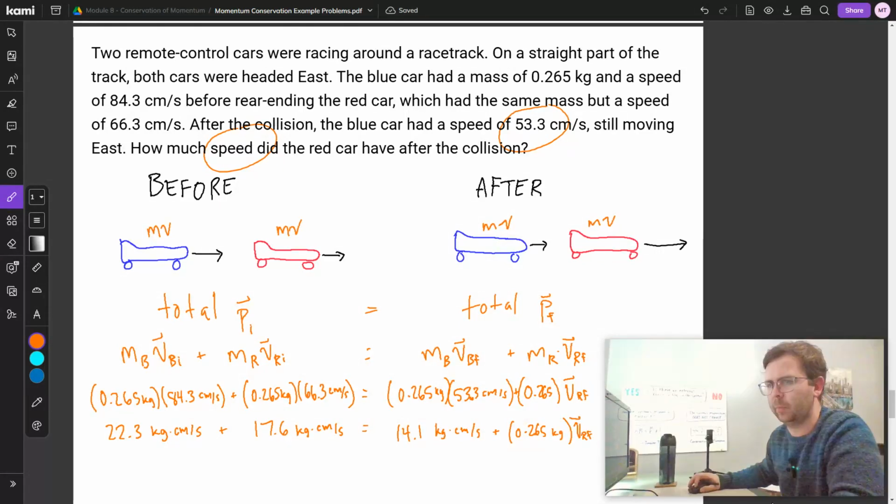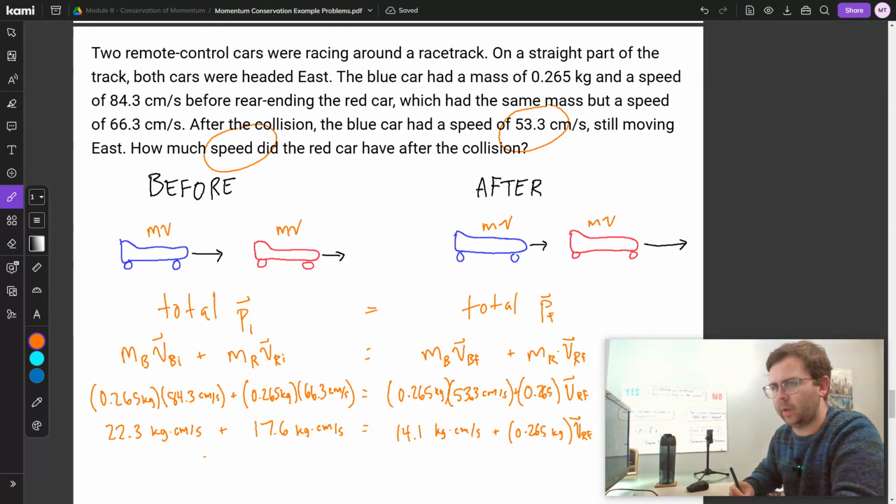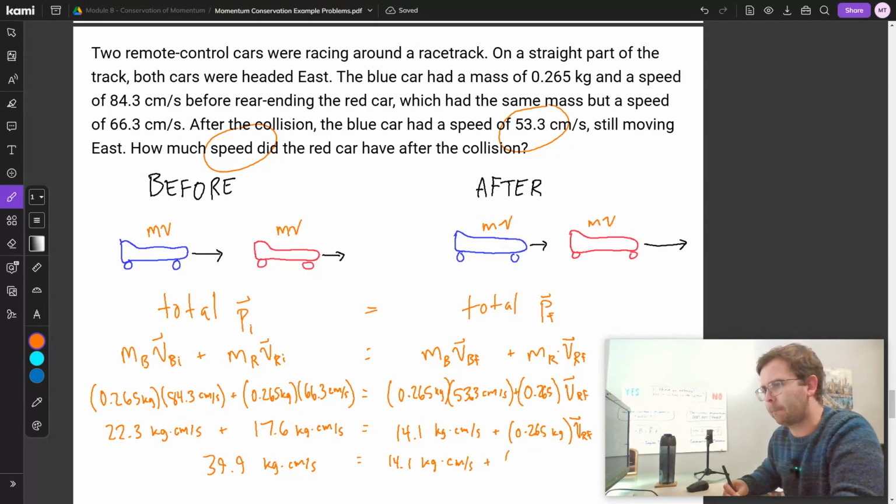Now we're ready to do some addition, and we add 22.3 plus 17.6 on the left side of the equation there. We get 39.9 kilograms times centimeters per second. And I'll just rewrite all of this portion as well. So we're trying to solve for the final velocity of the red car. To do that, we need to isolate this variable over here.